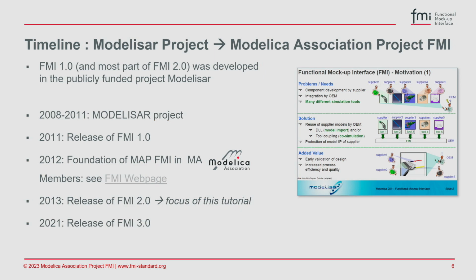This is currently the most often used version. We will also use FMI 2 in this tutorial, because you will find FMI 2 support in almost any simulation tool. But later we will give an outlook on FMI 3, which was released last year and has many new interesting features for new use cases.